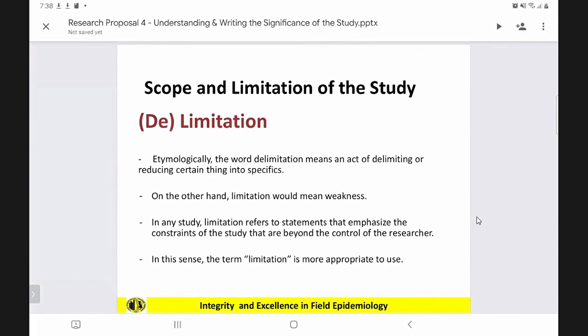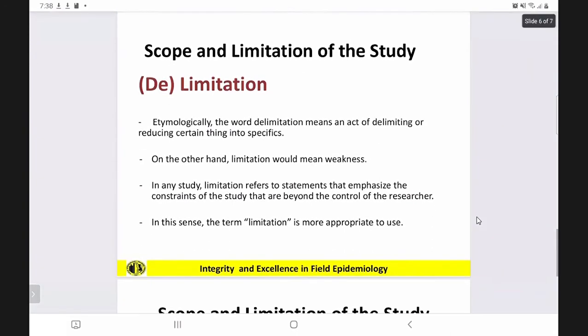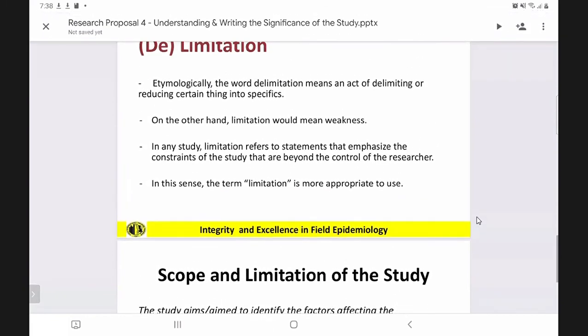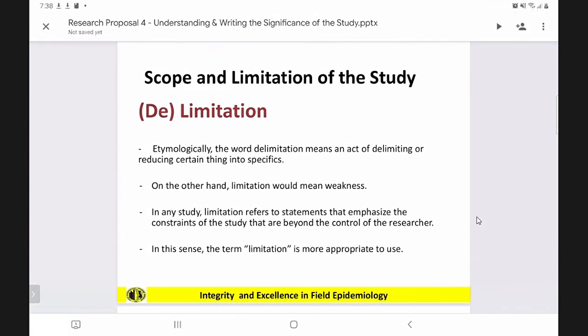In any study, limitation refers to statements that emphasize the constraints of the study that are beyond the control of the researcher. So in this sense, the term limitation is more appropriate to use. Instead of scope and delimitation, which some use, the current trend and the more appropriate one is the scope and limitation of the study, as the title. Next slide, please.